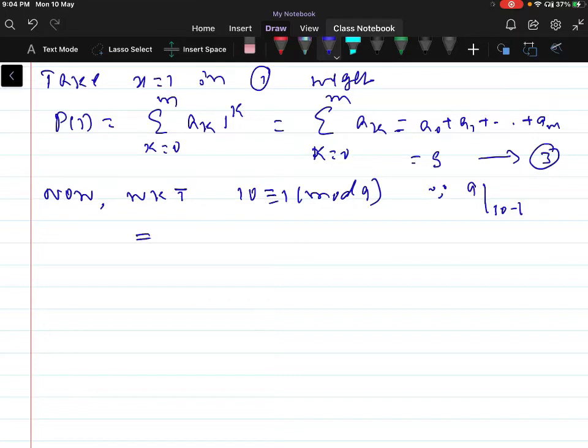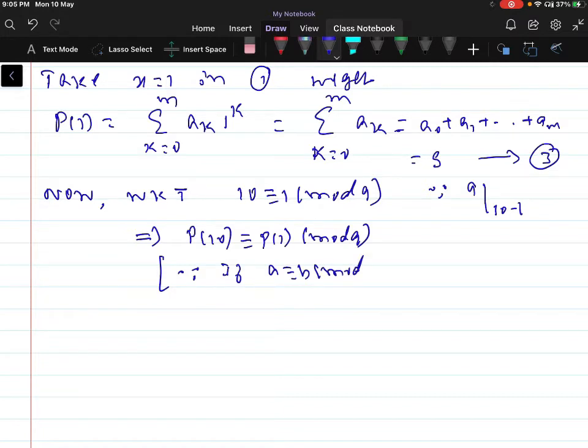So this implies p(10) is congruent to p(1) modulo 9, since we know that if a is congruent to b modulo n, then we proved that p(a) is congruent to p(b) modulo n also.